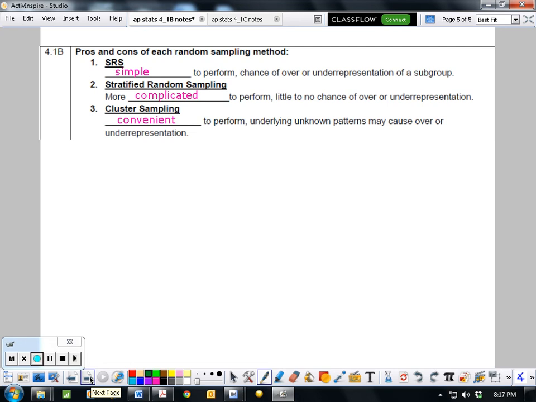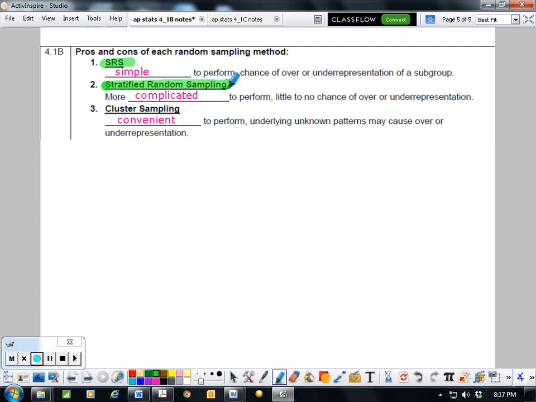Okay, so pros and cons of each random sampling method. Our simple random sample, it's simple to perform. There is a chance of over or under representation of a subgroup. There is that possibility. Stratified random sampling, a lot more complicated to perform, little to no chance of over or under representation.